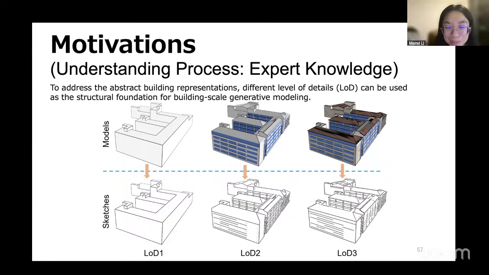But it might be challenging to ensure the consistency between these multi-view sketches. Of course. So perhaps it's straightforward to use some 3D representations like wireframes. Yes, but wireframes don't have details, right? Just the outline.